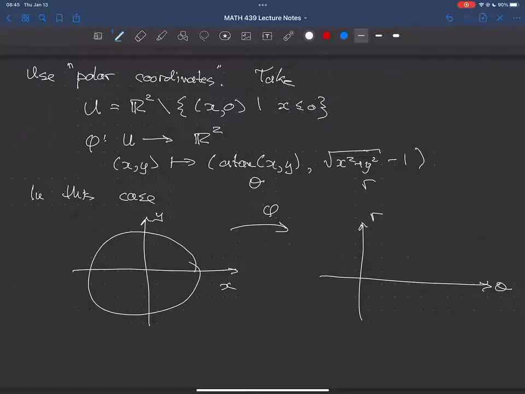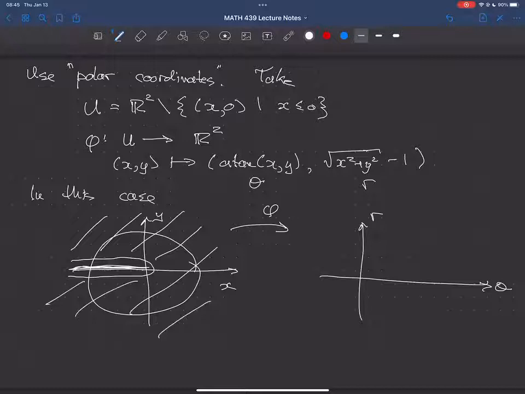Okay, so our U, again, looks like R2 take away that point. Okay, so U kind of looks like this. Now, when I take this U and I map it into R2 parameterized by theta and R, what's this going to look like? Okay, so what are the values of R and theta that are taken by phi?